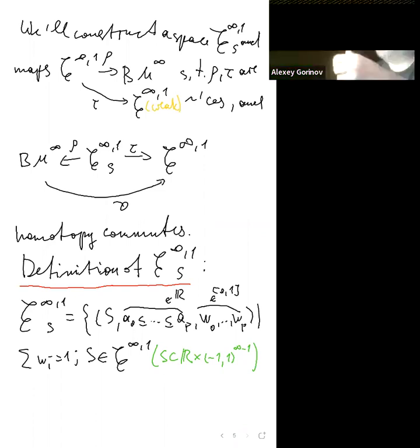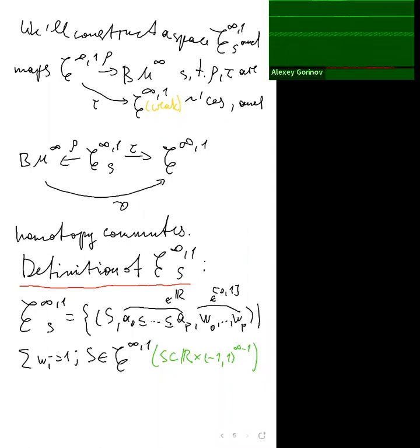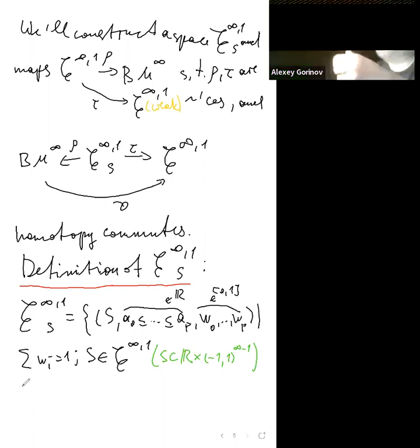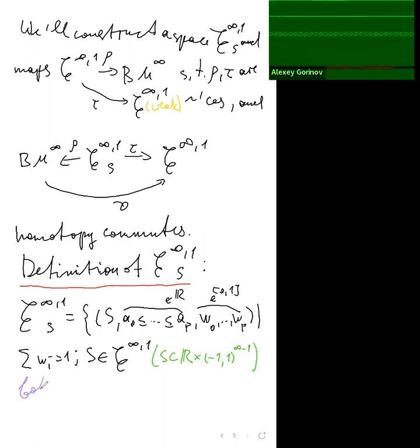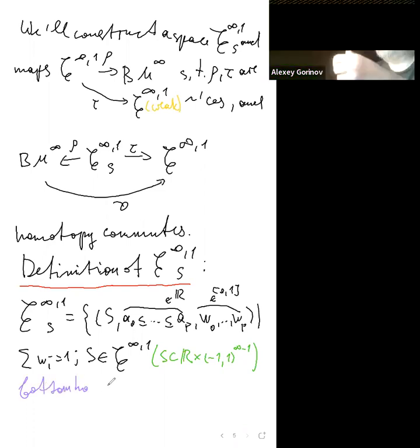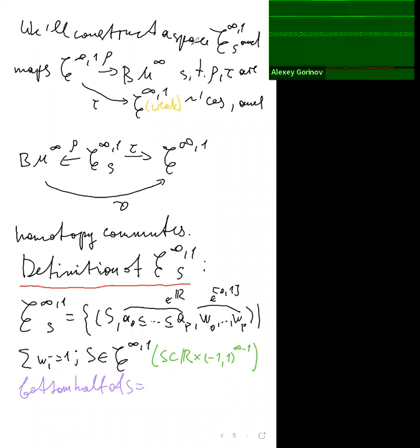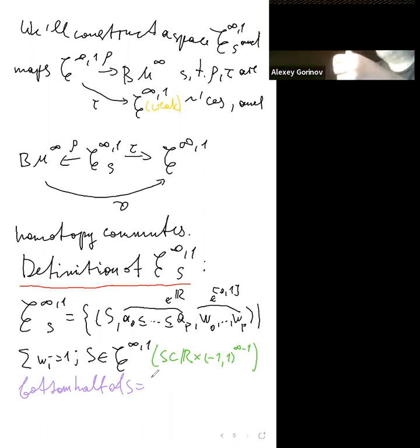Okay, well, the second condition says that the bottom half of S, well, it's not really a half, but anyway. What is the bottom half?